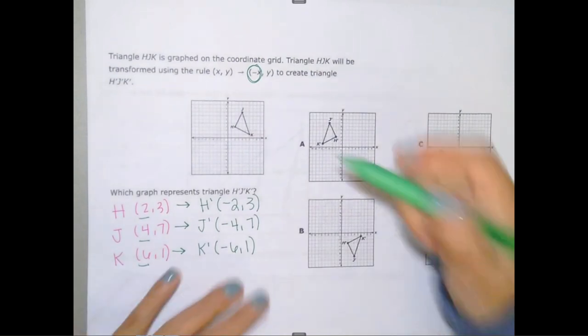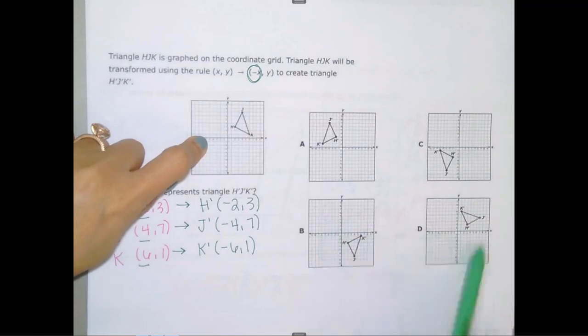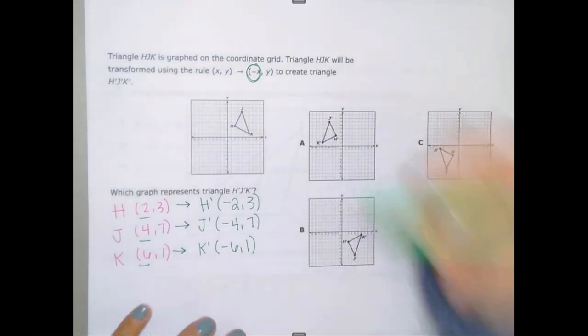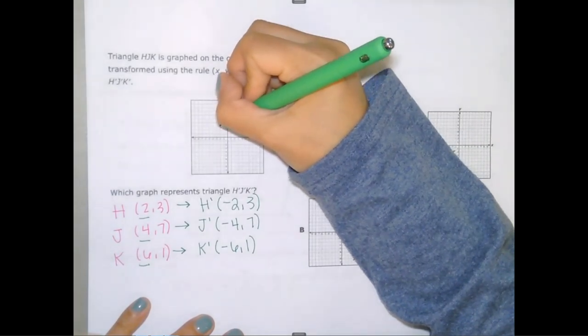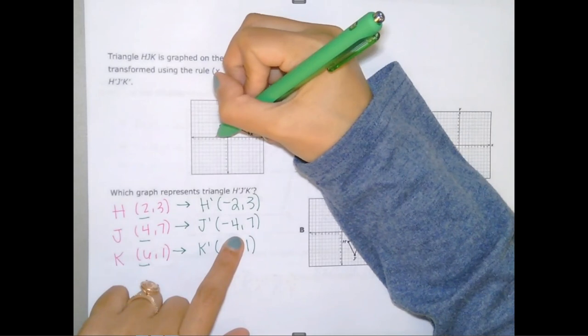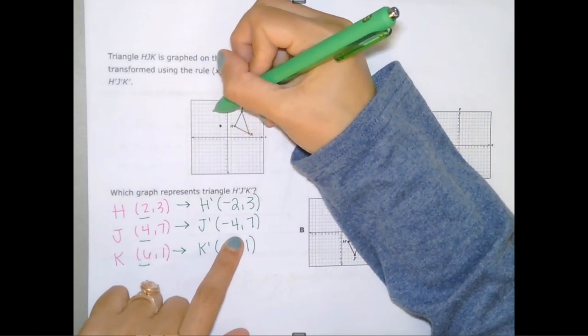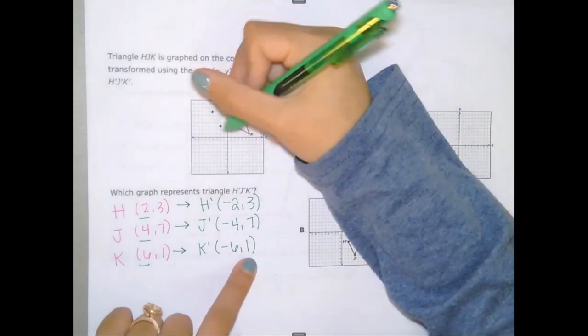So what I'm going to do is take my new coordinates and graph them so I can see which answer choice would match up with that. So negative 2, 3, negative 2, 1, 2, 3. Negative 4, 7, 1, 2, 3, 4, 7. And negative 6, 1.